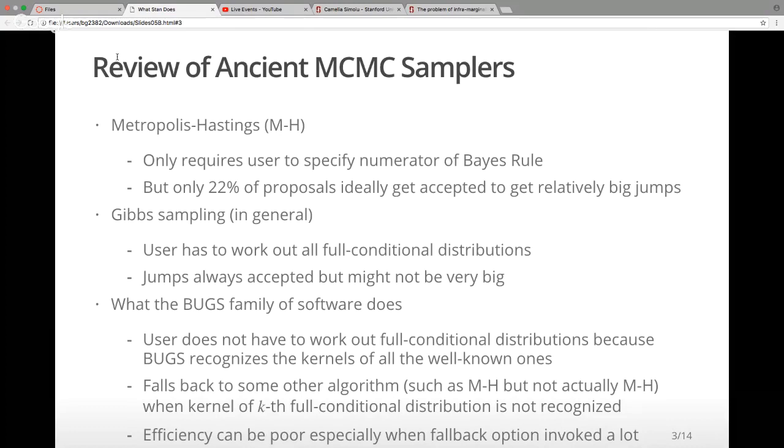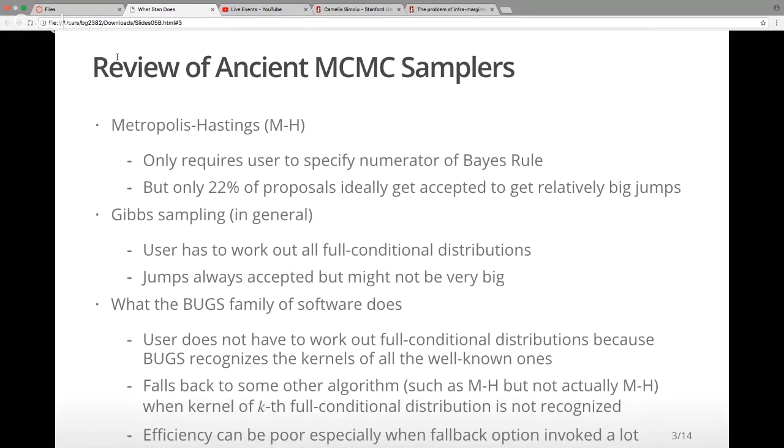So Gibbs sampling, also historically important, shouldn't be doing it today. BUGS was probably the biggest milestone for bringing these sorts of things to the social sciences and other fields. It made it easier for the user because the user didn't have to work out the full conditional distributions themselves and say, oh, that looks like a beta distribution or whatever.